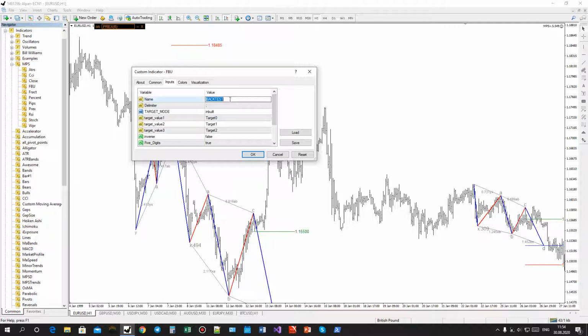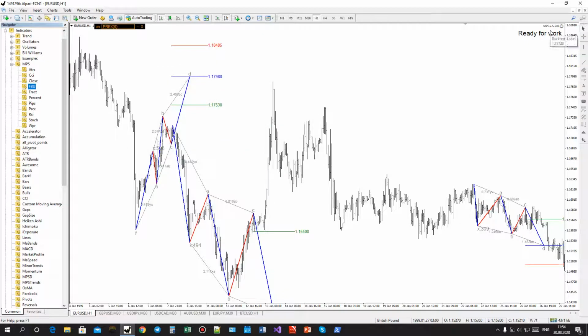The name of the output file is 3 drives. Let's go here: target 0, 1, and so on, inverse false, and disable spread. Done. Now it says that it is ready for work.